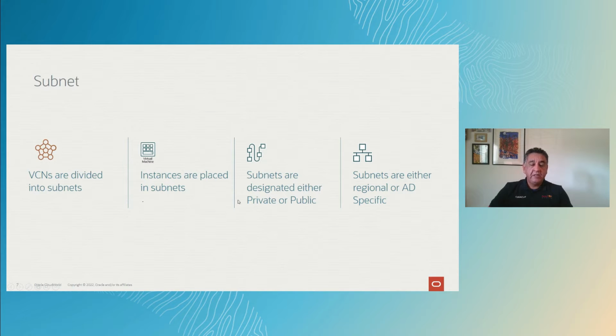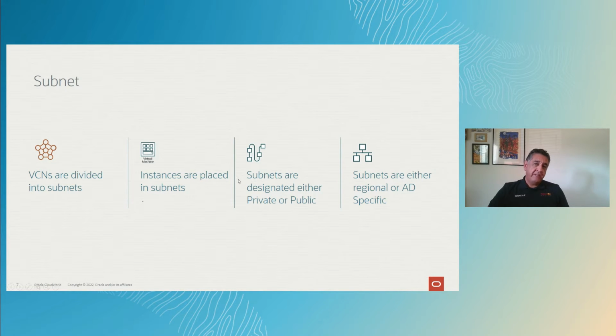Now, these are part of the components that we have. When you have a virtual cloud network, however, in order for you to use it and leverage it, you need subnets. You need to divide your virtual cloud network into subnets. And instances like a compute instance or a database node or a load balancer will be residing on a subnet. And subnets can either be public.